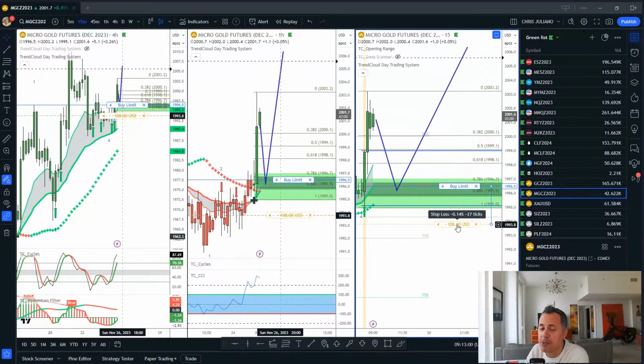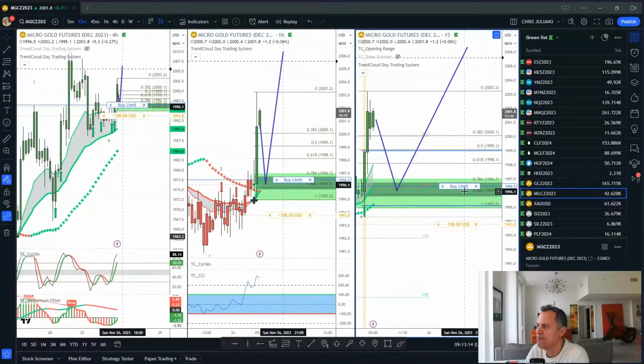But maybe mentally, you might be saying to yourself, gosh, I cannot risk $108. I just can't do it. So what's going to happen? You're not going to take the trade. It's going to work and you're going to feel terrible, right?